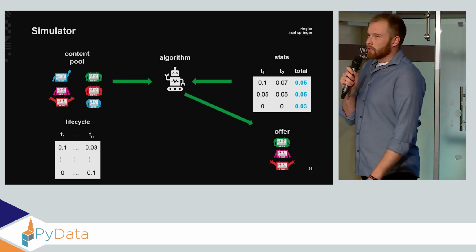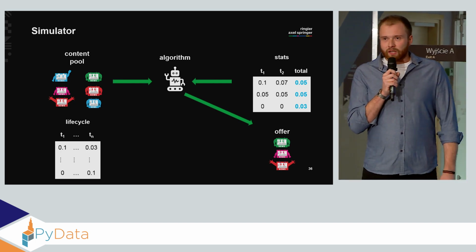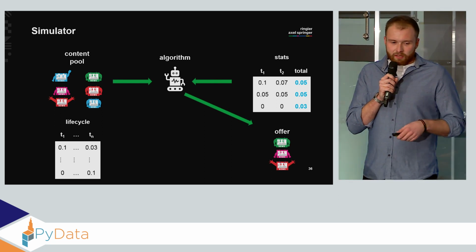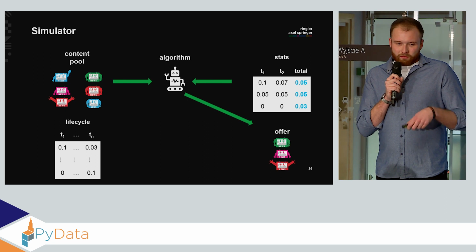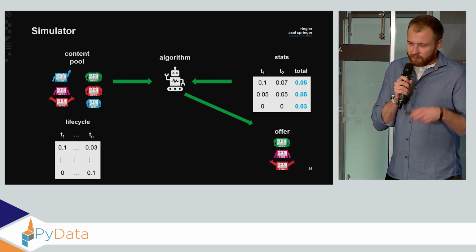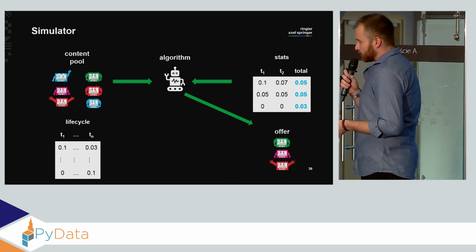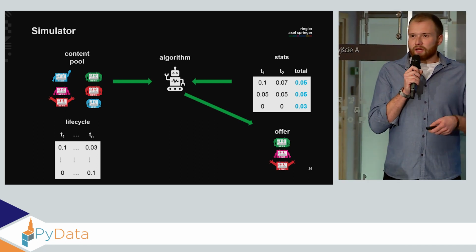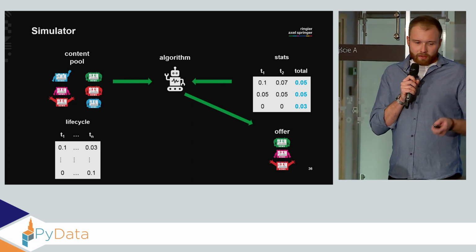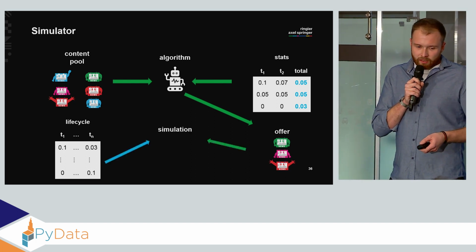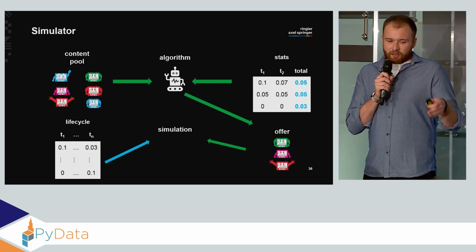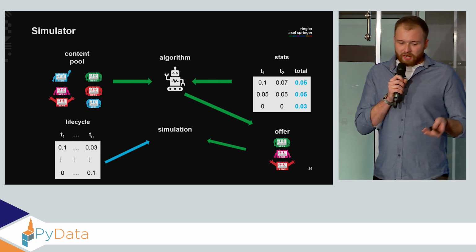Also, we know that articles have their own life cycle, and we can generate the data of the life cycle, which represents the user interaction. And we can compare our offer, and see what results we got.